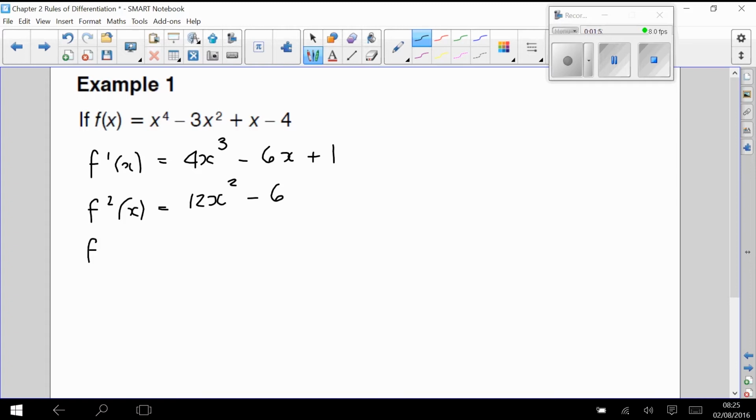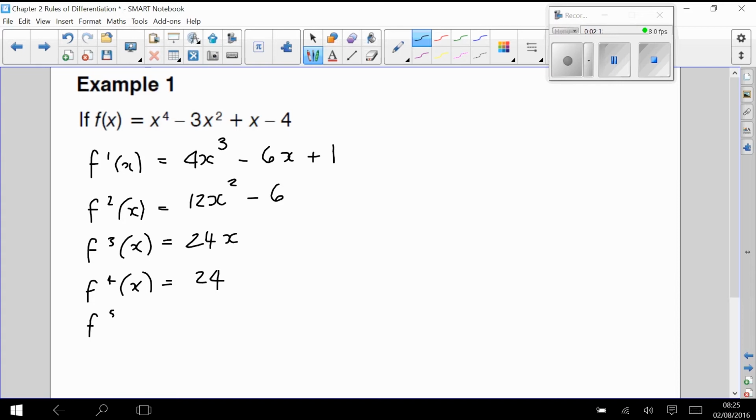So continuing in this vein, I'm now going to find the third derivative, and the third derivative is going to be the derivative of the second derivative function. In other words, 24x. Looking for the fourth derivative, I find the derivative of 24x, which is 24.